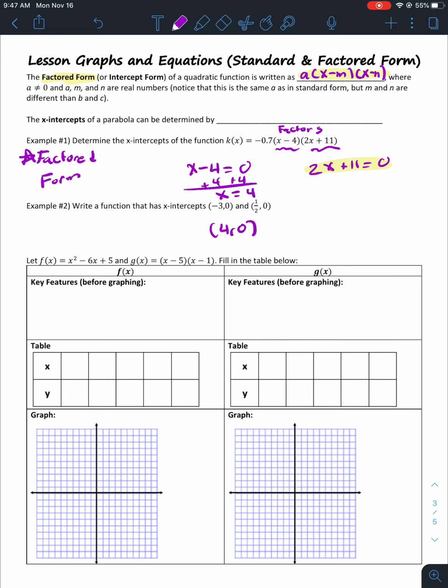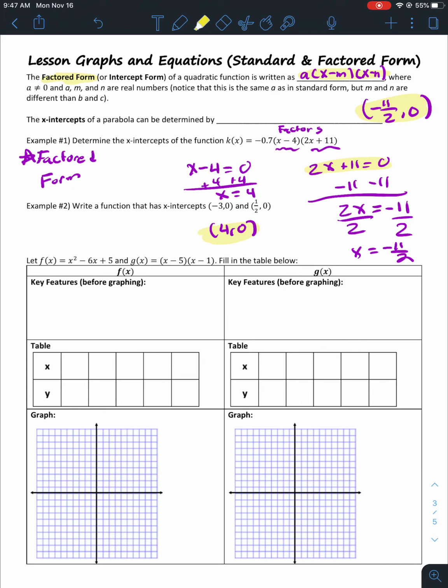But you just have to remember how to solve a normal equation. Get the numbers on one side, which is negative 11, and then divide by 2. I mean, you could write negative 5.5, but for me, I'm just going to write negative 11 over 2 comma 0. So these two are our x-intercepts, and that's how you find them when it's in factored form.